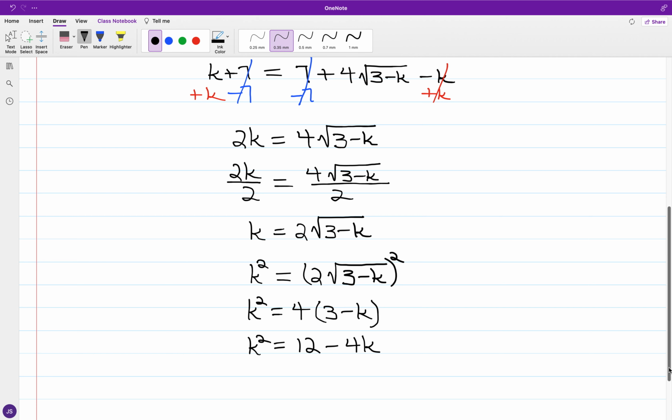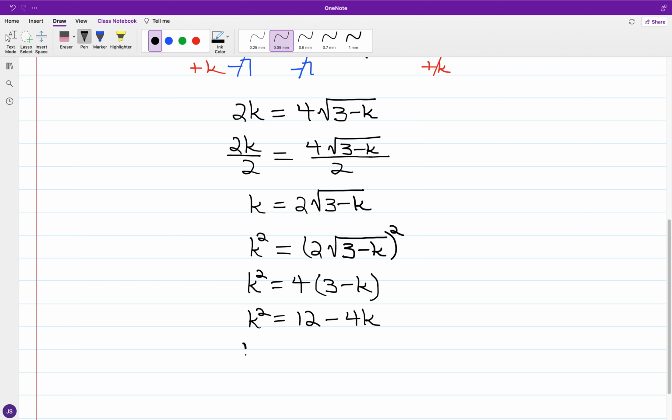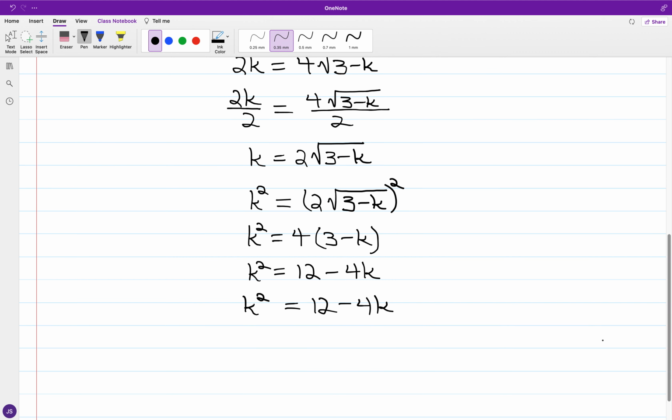And if you notice, we now have a quadratic equation, and we don't have this one in standard form yet, but I can make adjustments and set this equation to 0. So I have the highest order term with k squared, and I can just move the lower order terms by adding 4k and also by subtracting 12.